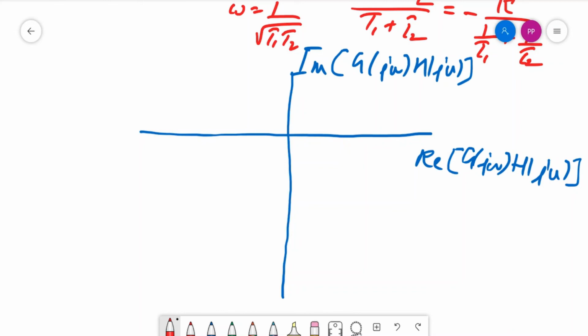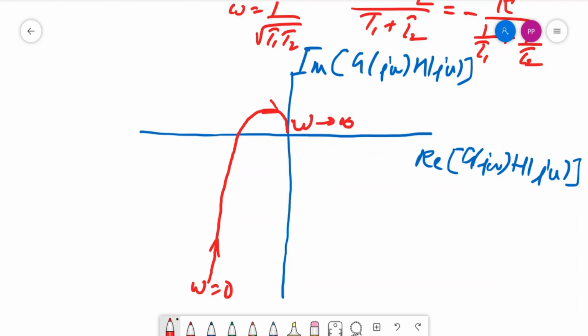We start somewhere like this and it will go very smoothly, cross the imaginary axis, and reach the origin at minus 270 degrees. You are entering the origin in this direction. At omega equal to 0 you are starting and at omega equal to infinity you are ending.